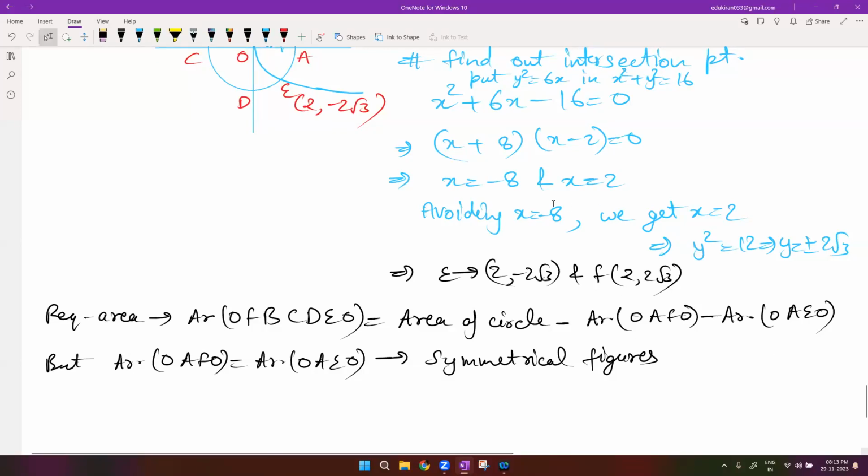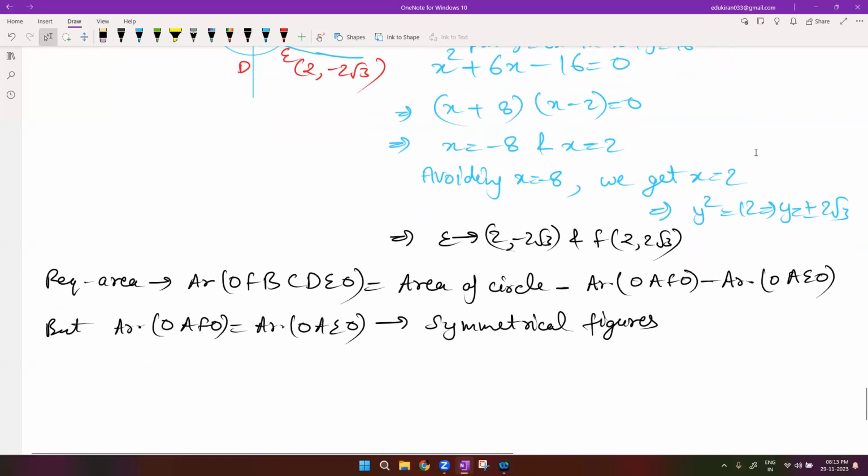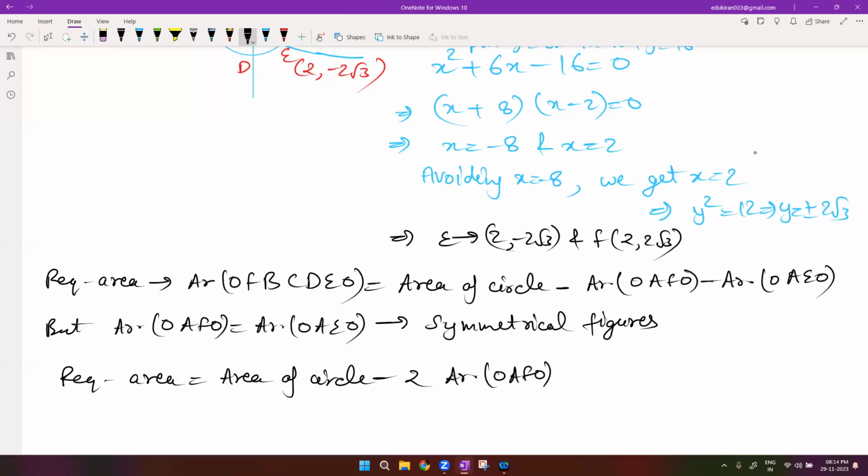Whatever area is upper the curve, that will be the same area under the curve. Right? So required area can be written as area of circle minus twice area of OAFO.